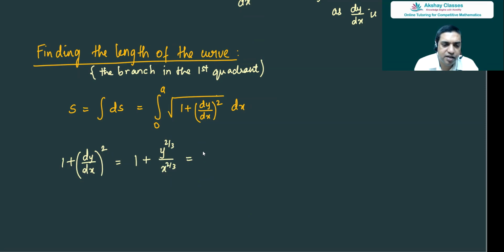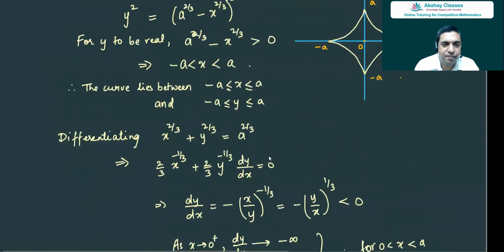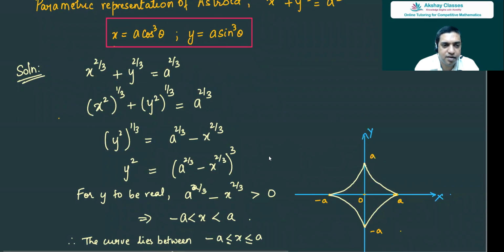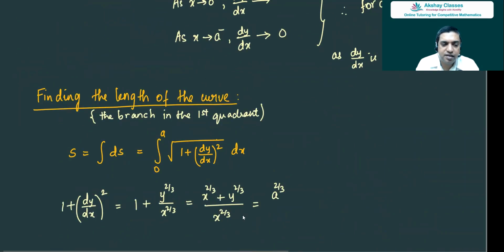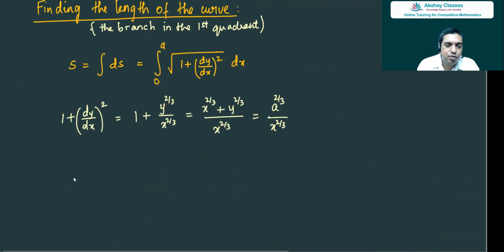So from here we get x to the power 2 by 3 plus y to the power 2 by 3 by x to the power 2 by 3. Now x to the power 2 by 3 plus y to the power 2 by 3 is a to the power 2 by 3 from the equation of the curve. And the denominator is x to the power 2 by 3. So it simplifies in a simple manner.